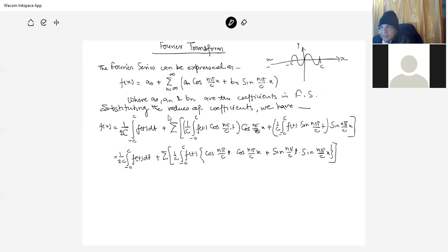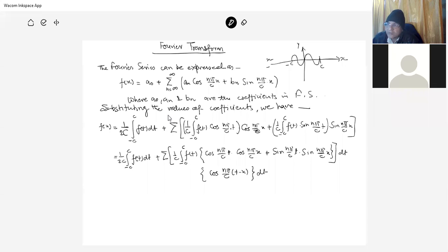This is a simple trigonometrical expression, cos A cos B plus sine A sine B, so it is cos(A minus B). So this factor is nothing but cos(n pi by c (t minus x)). Here it is dt.